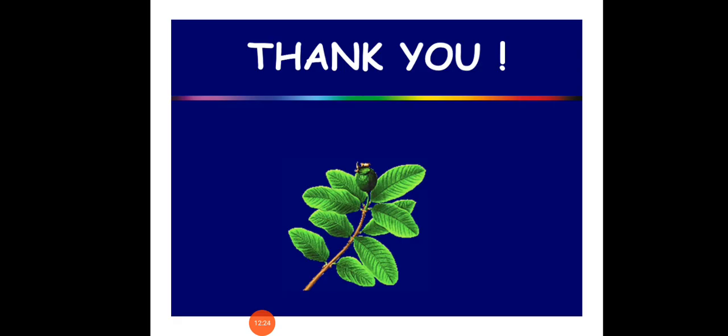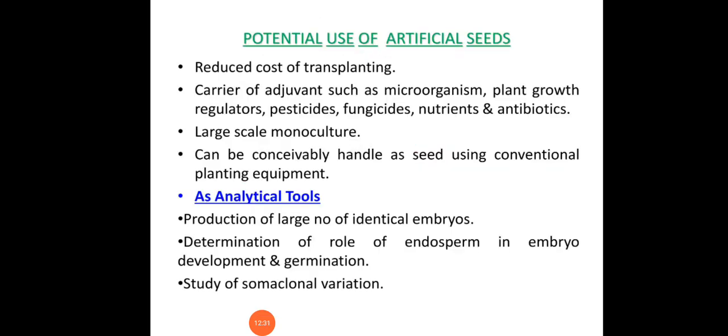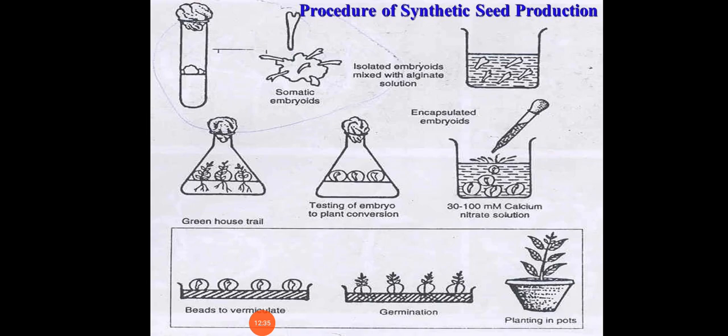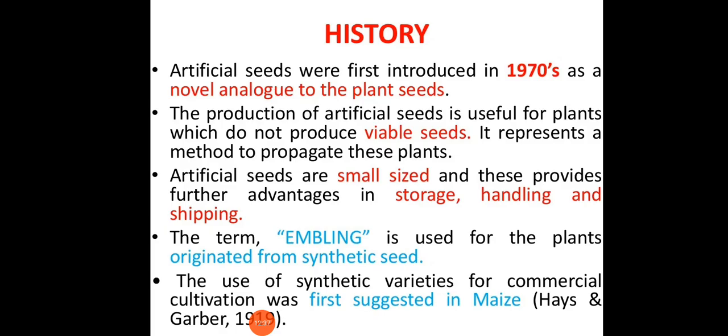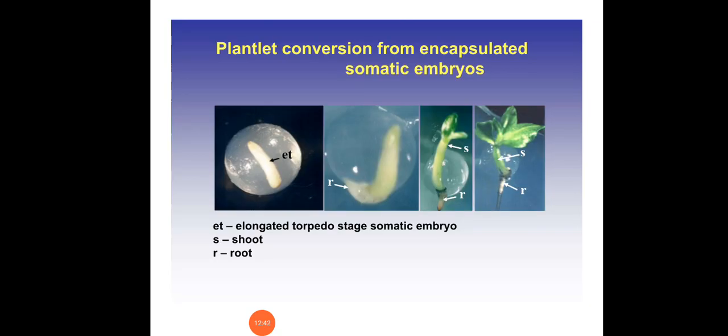So by using this type of encapsulation method, we can produce artificial seeds or synthetic seeds. They are widely used in propagation methods for long storage, completely encapsulated in a shell.